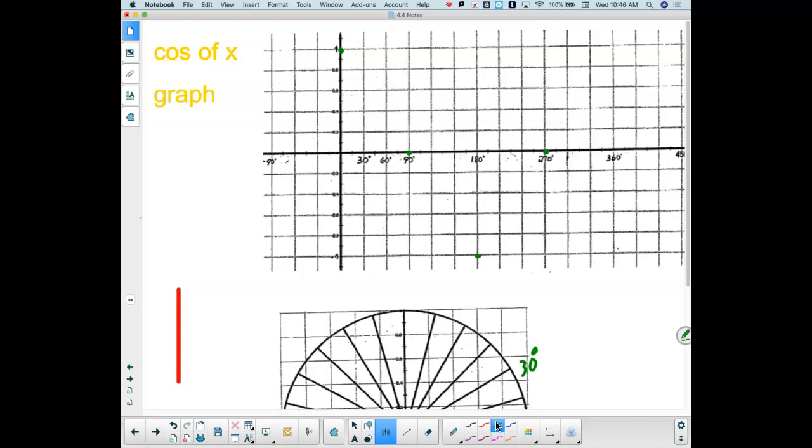At 270, it was back to 0. At 360, it was all the way back up to 1. At 60 degrees, we would have been 2.5 blocks up, which means at 120 degrees, we would have been 2.5 blocks down.